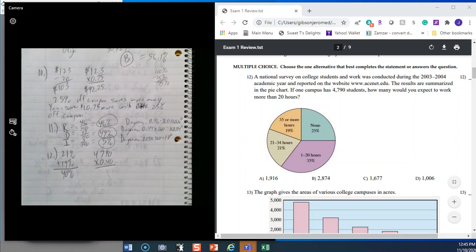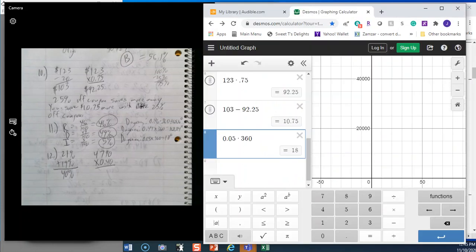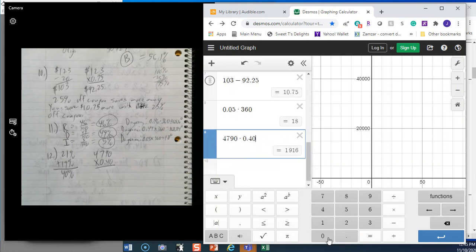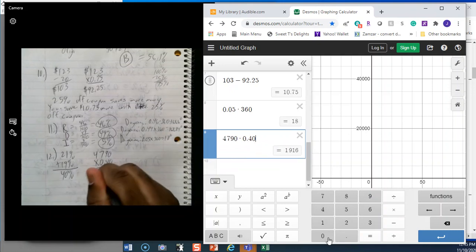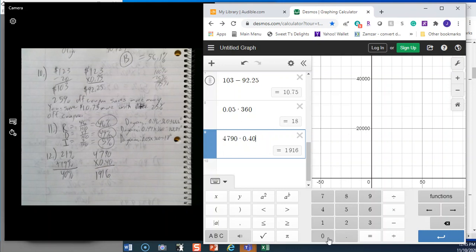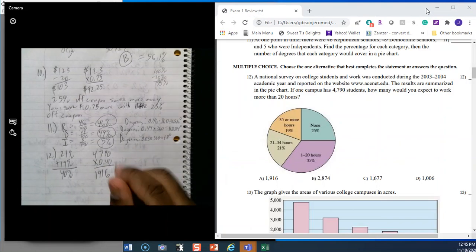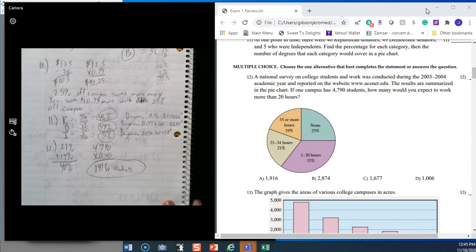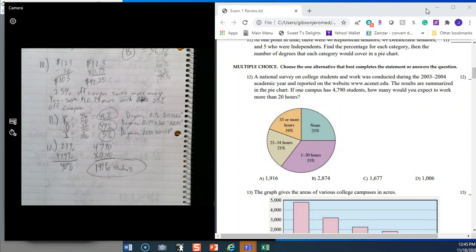So we'll put this in our calculator. 4790 times 0.40 will give us 1,916, and that will be students. So that would be the answer to problem 12.